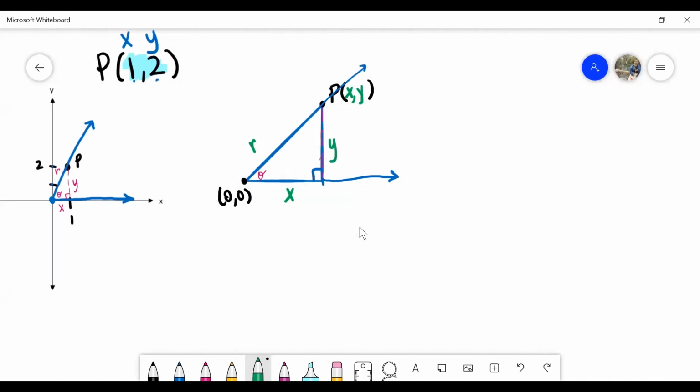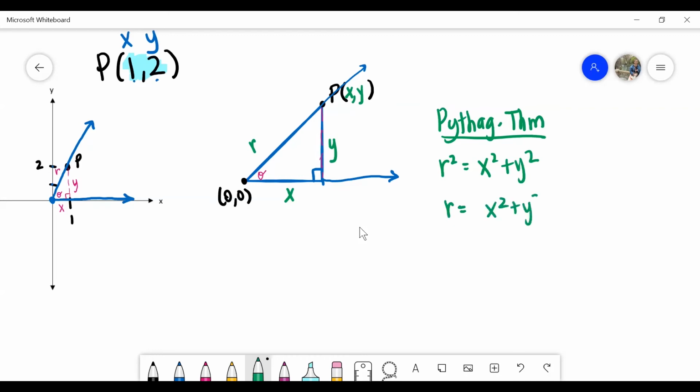So if I use that same exact Pythagorean theorem, and there's two ways we can do this. We can either say the Pythagorean theorem, right, which says R squared is X squared plus Y squared, right? If I was to solve for R, I would say R is the square root of X squared plus Y squared. Again, I'm going to assume R is a positive value.